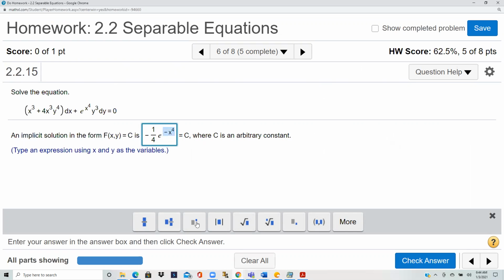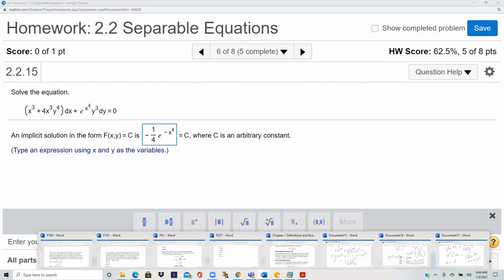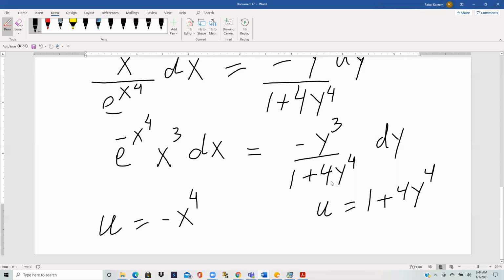And then the other one. When you do this u substitution, you will get du equals 16 y cubed dy. So you will pick up a 1 over 16 here, the same idea. And we already have a negative.